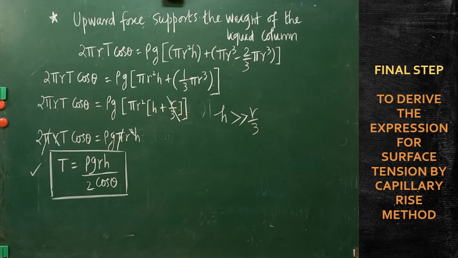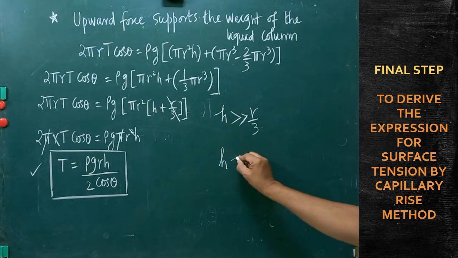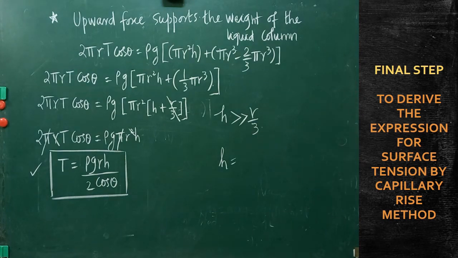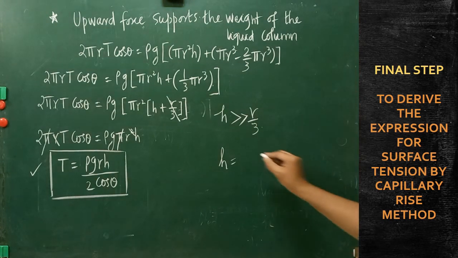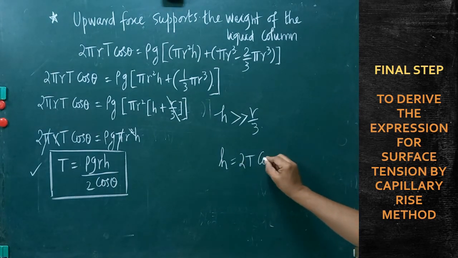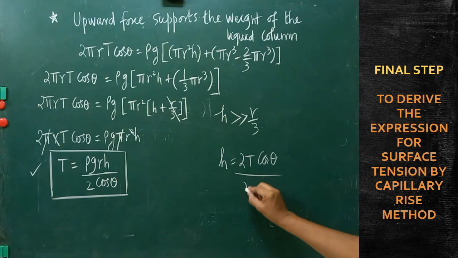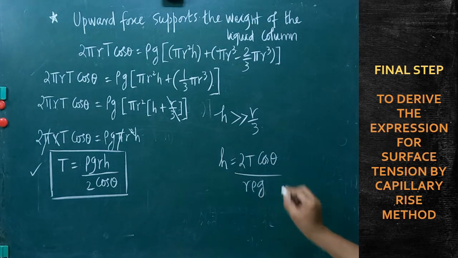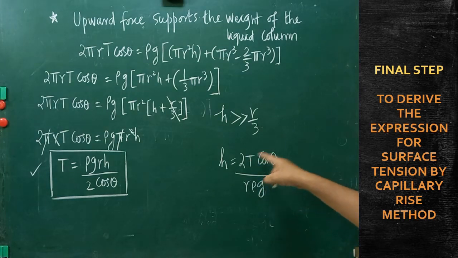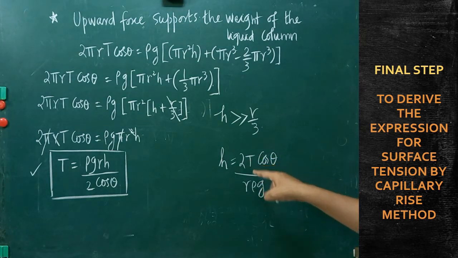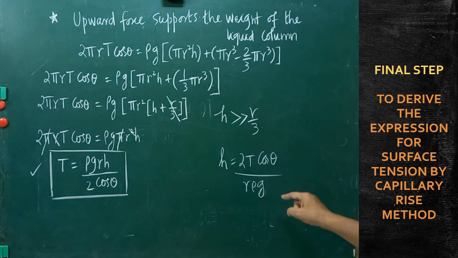If you want to calculate h, the height of the water column, from that equation we get the expression h equals 2T cos theta divided by r rho g, by cross multiplying. From this expression, all are constant: theta, T, rho and g.